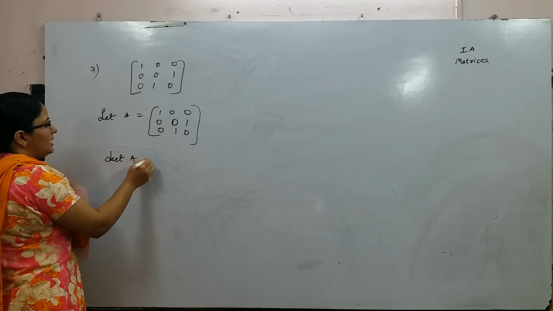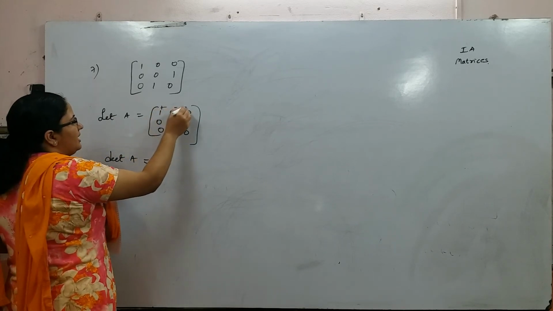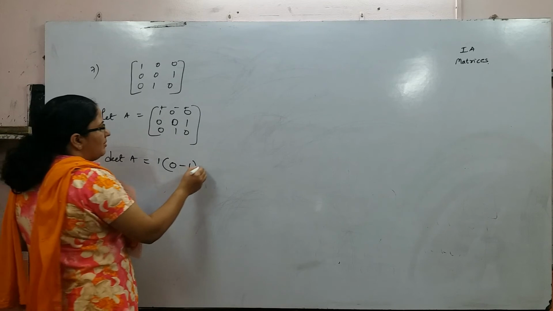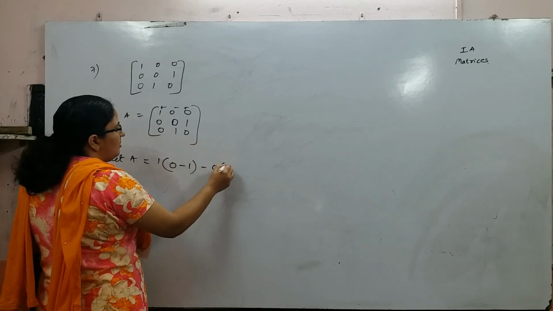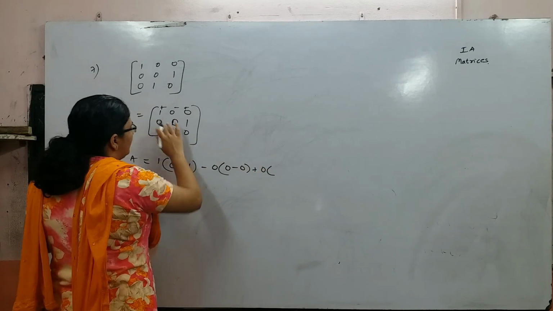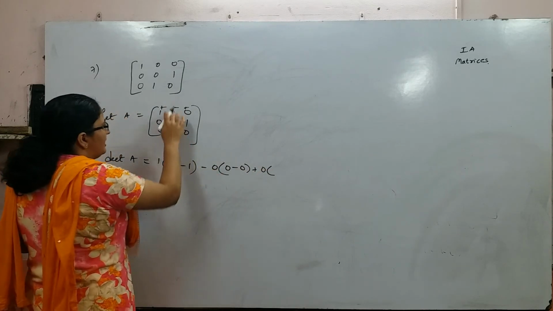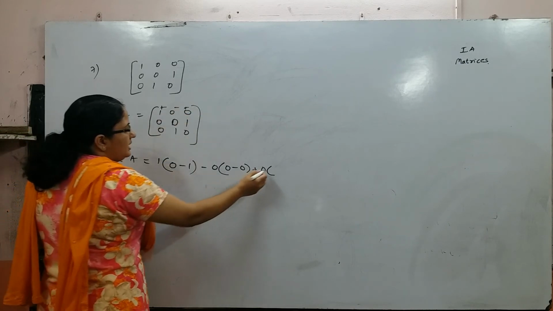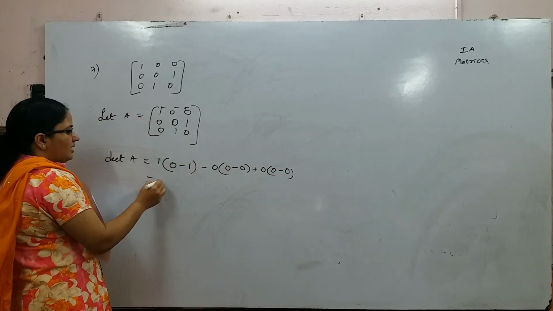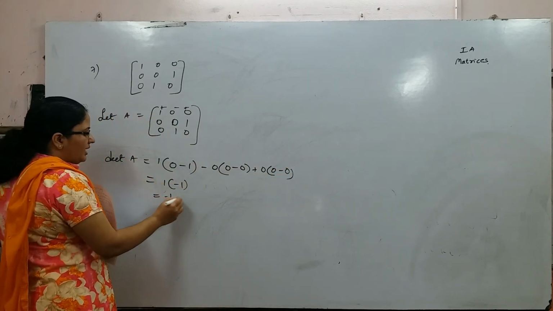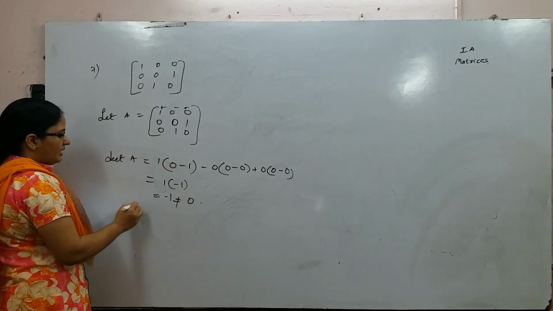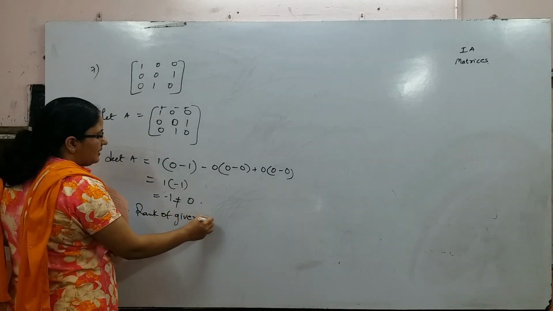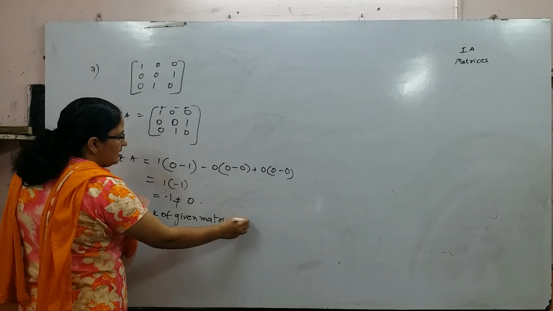Determinant of A is equal to plus minus plus, 1 into 0 minus 1 minus 0 into 0 minus 0 plus 0 into 0 minus 0. Close this column, close this row, 0 minus 0, 1 into minus 1, which is minus 1, not equal to 0. Therefore, the rank of the given matrix is 3.